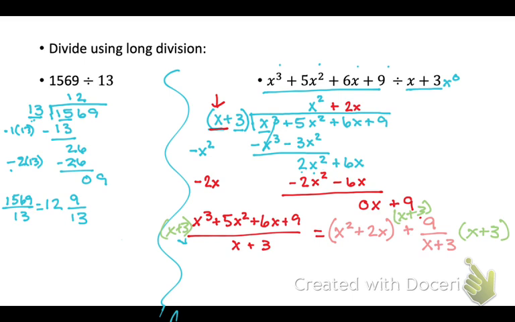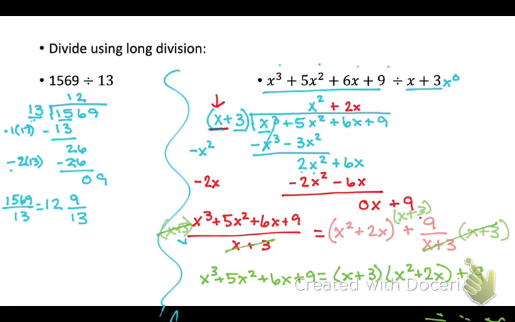What would happen? These would reduce out, yes? And these would reduce out. So my answer would be written x cubed plus 5x squared plus 6x plus 9 equals the divisor times the quotient. What's the quotient? The answer to a division problem, plus the remainder.